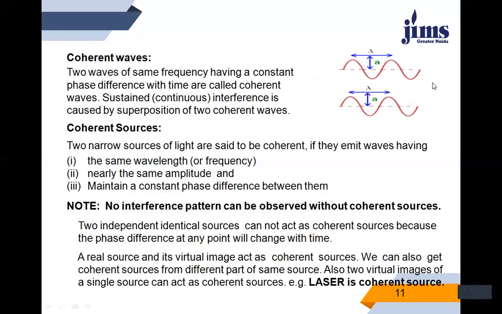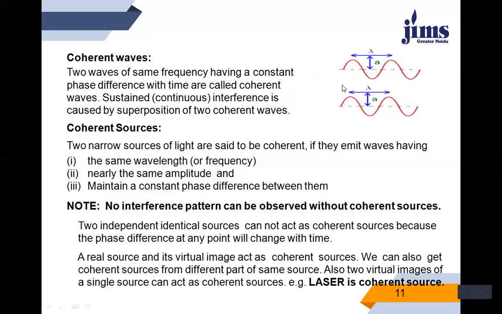If the waves are not coherent, then you will not get sustained or continuous interference. So for the interference of light, the waves which are interfering with each other must be coherent waves, right?